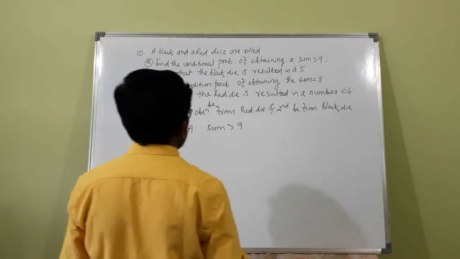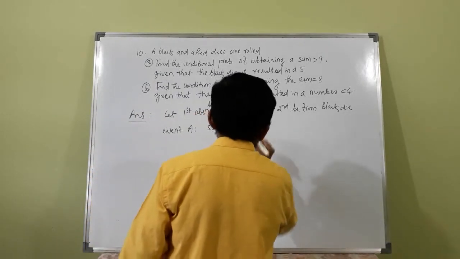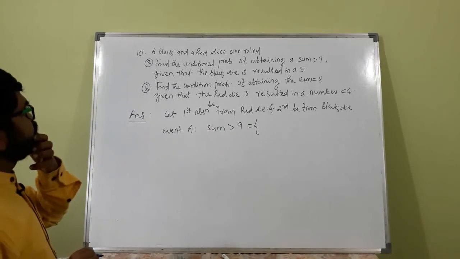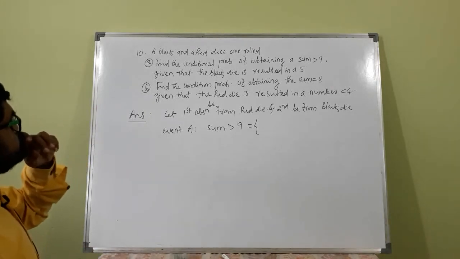That means, which are the possible outcomes? The sum should be greater than 9. First one is red, second one is 5.